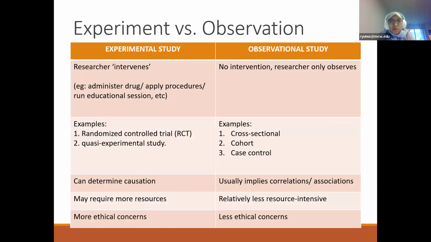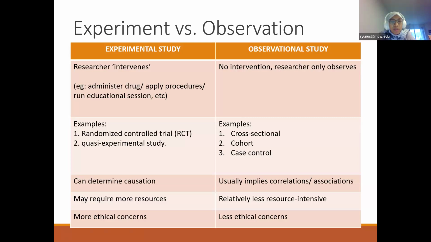This table shows you the fundamental differences between experimental and observational design. Very quickly, as you can see, in the observational study, there is no intervention. Your role as a researcher is just to sit back, observe, and document.